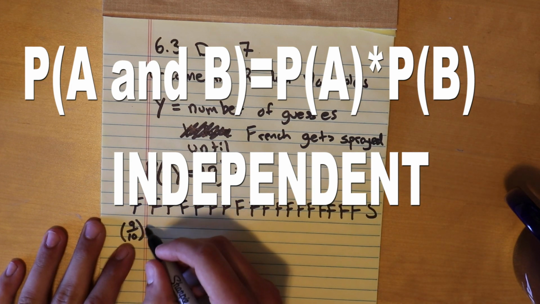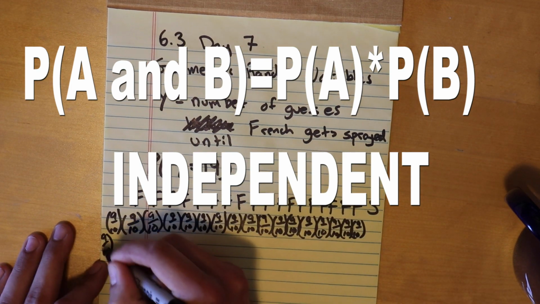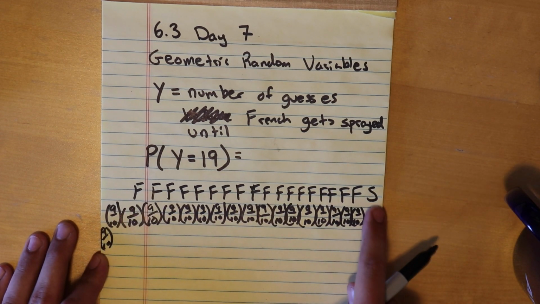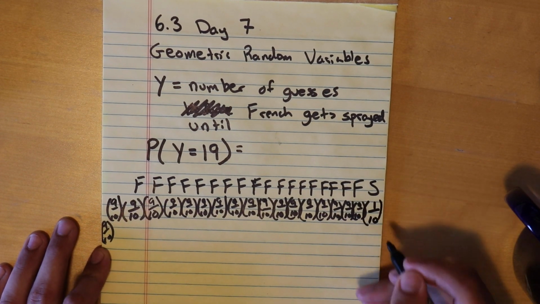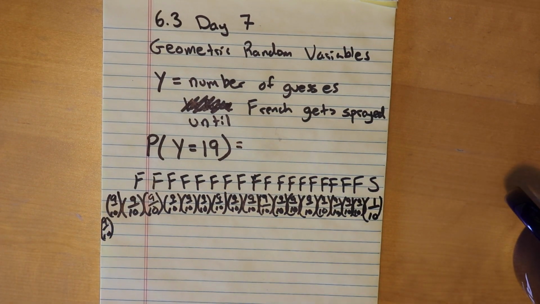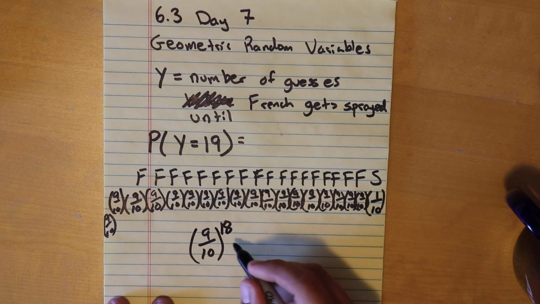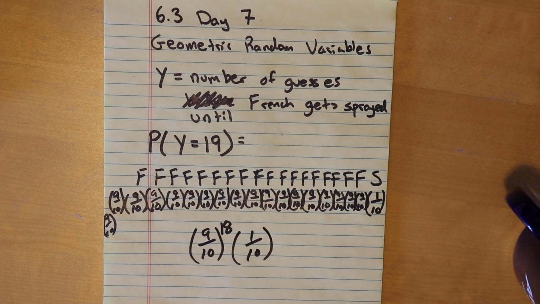So each of these failures is a 9 out of 10 chance, and then the first success is a 1 out of 10. A much simpler way to write this is that you have to fail 18 times until you get your first success.